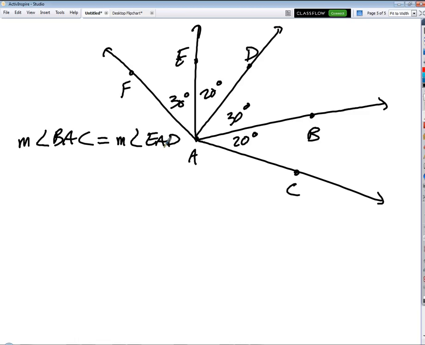Okay, Justine, give me another statement up here that's true that doesn't use an equal sign. I'll start you off, you just finish it.